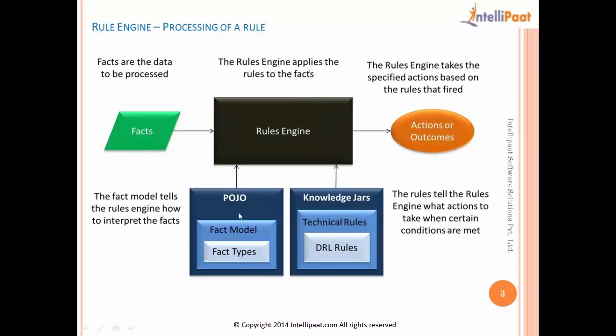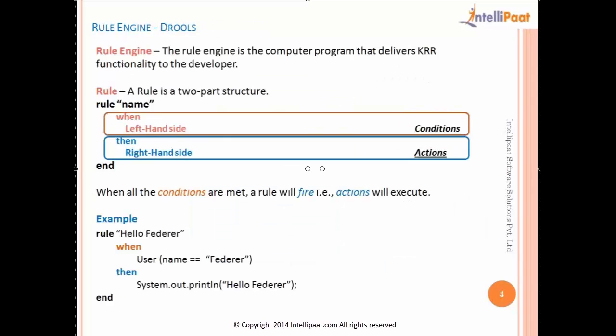The rule engine applies these technical rules or the DRL rules on the fact, and then the rule engine takes the specified actions based on the rules that fire. This is the consequence part of applying the rules on the fact. The rules tell the rule engine what actions to take when certain conditions are met. So the rules are the important part, which tell what actions need to be taken on the fact.